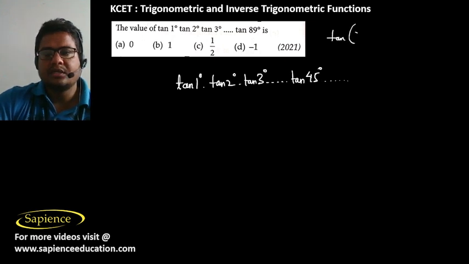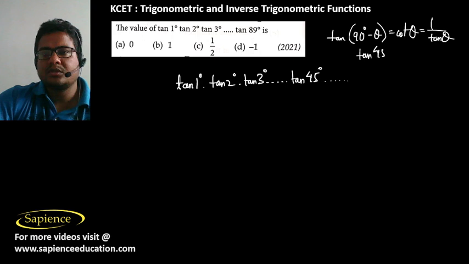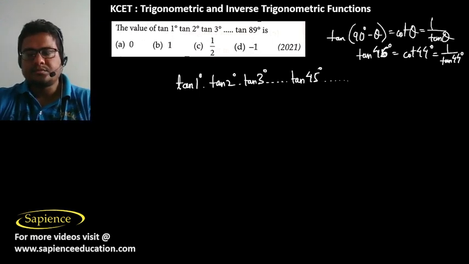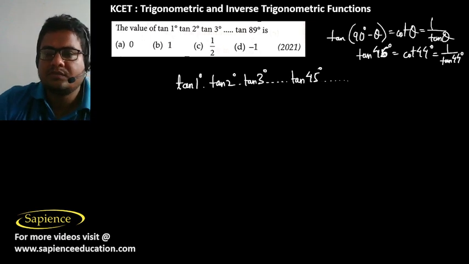Now we know that tan(90 degree minus theta) is equal to cot theta, which is equal to 1 by tan theta. So for example tan 46 degree I can write as cot 44 degree, which is equal to 1 by tan 44. So tan 44 will cancel out with tan 46. Therefore tan 44 into tan 46 will be equal to 1.